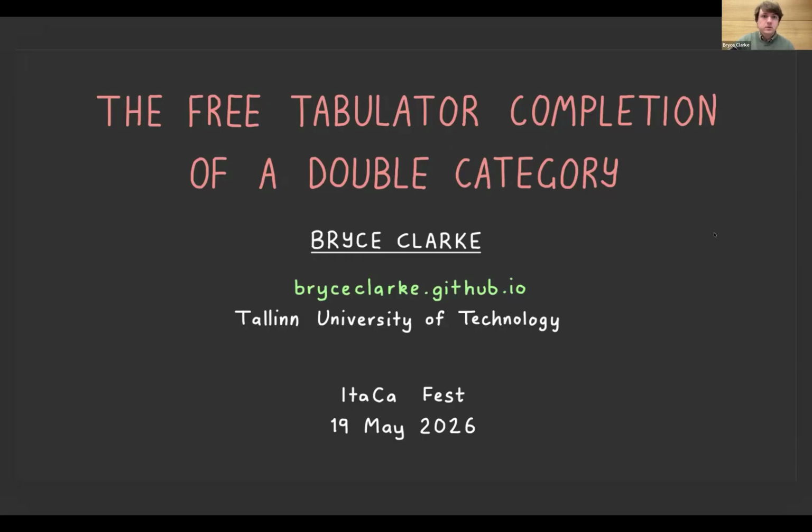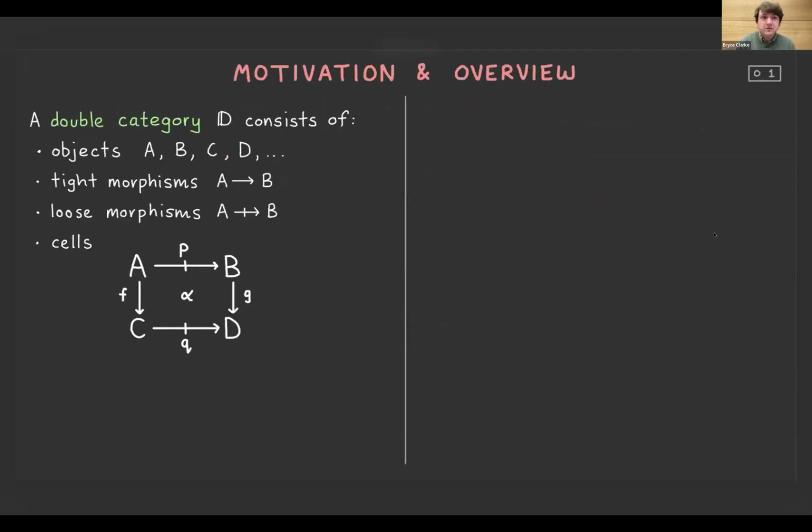Okay, I want to talk about the free tabulator completion of a double category. If you haven't seen what a double category is before, then you should at least know that it has four kinds of things. It has some objects, some type morphisms, some loose morphisms, and some cells which have a boundary like this. I'll come back to this in the next slide.